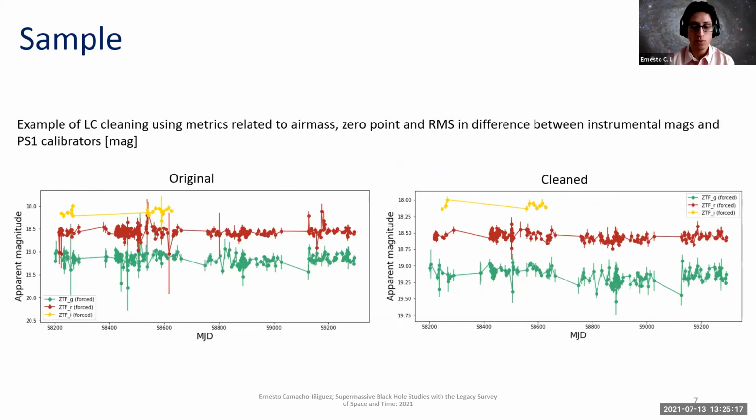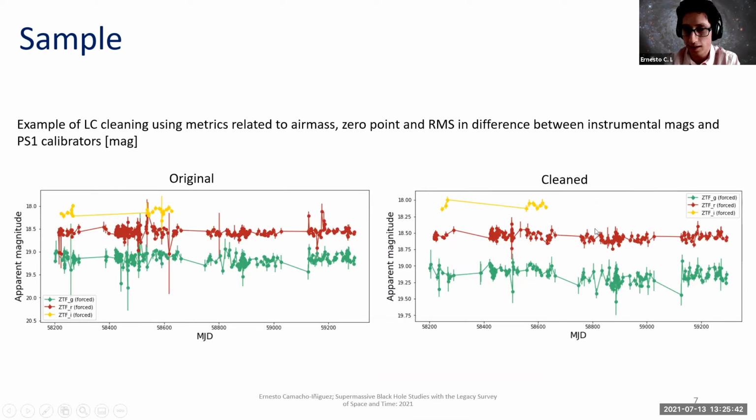Now, once we have this flux, we have light curves as shown, for example, in this left panel, and we have to clean them. So we are following the prescription from Masci 2018, but we are exploring different metrics in order to clean these light curves in the best way possible.